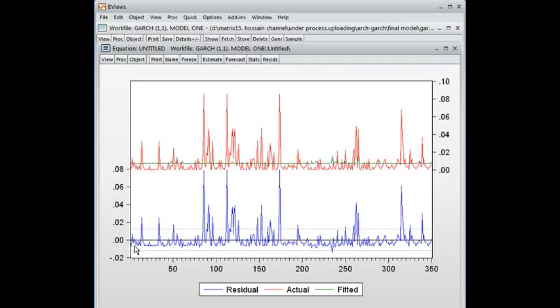But you can see one thing, from day 1 to day 85, until 85, the fluctuation is small. For a long time, for 90 days, fluctuation is small.